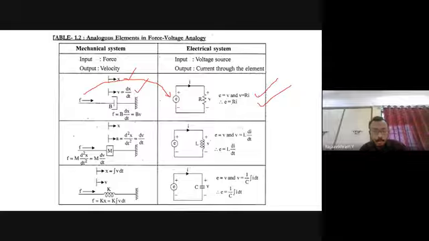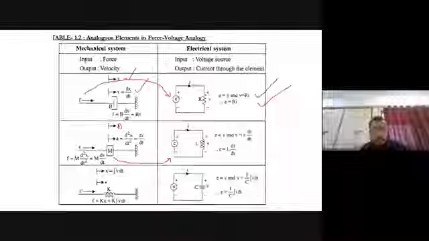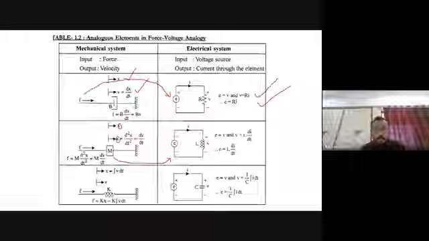So next, the mechanical system. How is the mechanical system equivalently converted? Here you see that it consists of two quantities, x as well as the acceleration. Displacement is x and the acceleration is given by d square x by dt square.